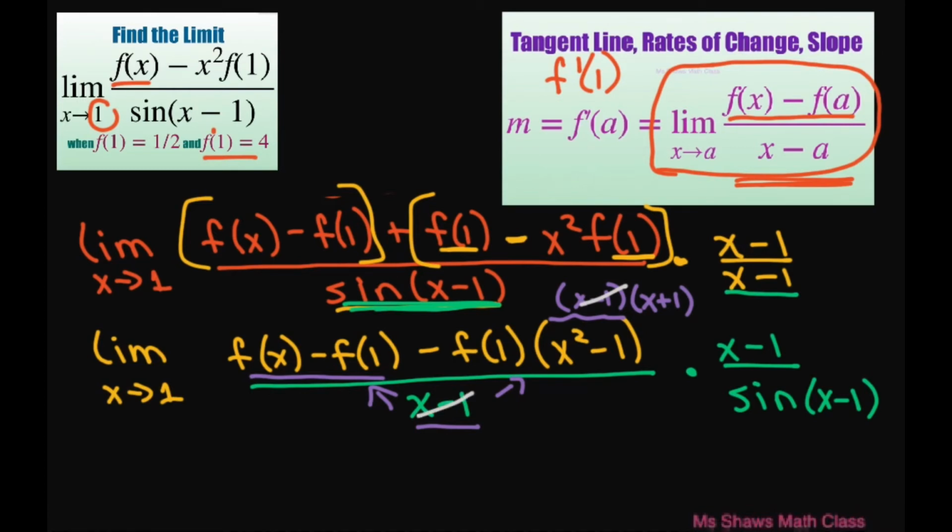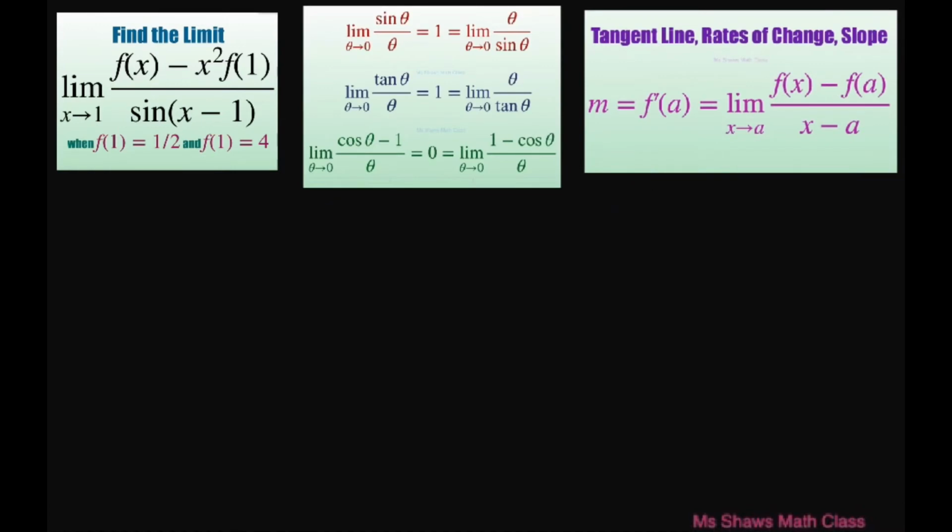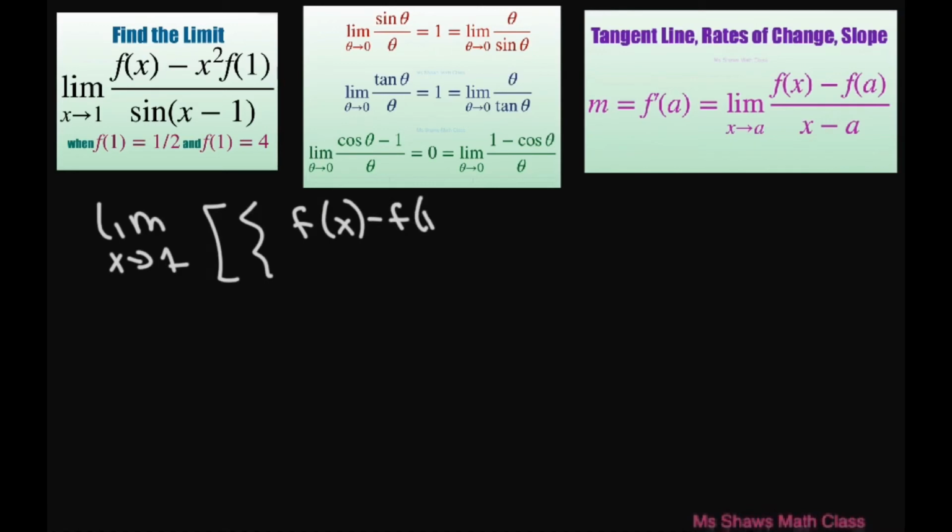So that's the next step we're going to do. I'm going to split this up a little bit, and we're going to write this as the limit as x approaches 1 of f of x minus f of 1 divided by x minus 1, which is what we wanted here, because that's going to give us our limit.